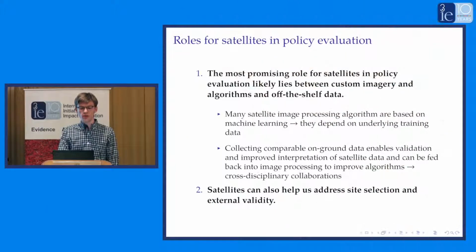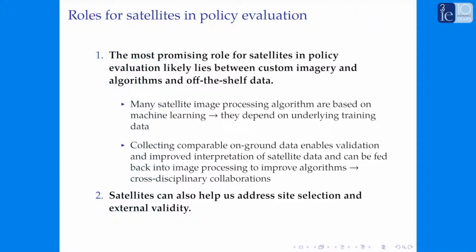And so to close, I want to make a couple of observations and suggest two roles where the evaluation community can both take advantage of satellite evidence that's becoming available and increasingly high quality, and also think about ways in which we can further the evidence that we can draw for policy from satellites.